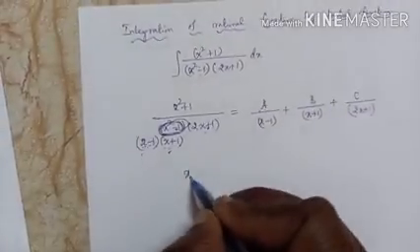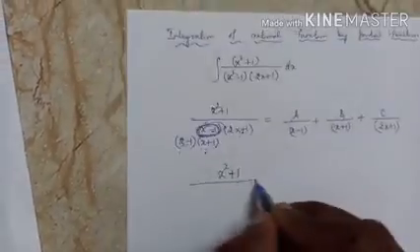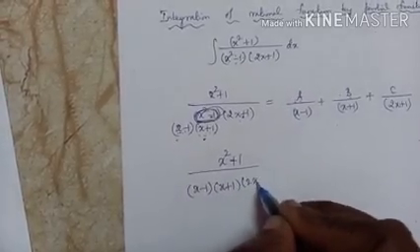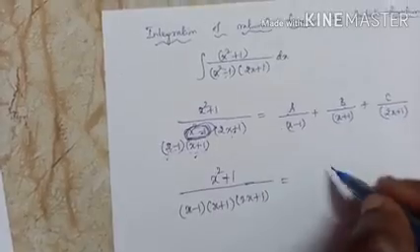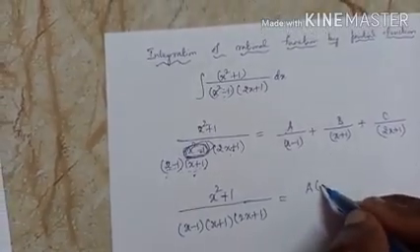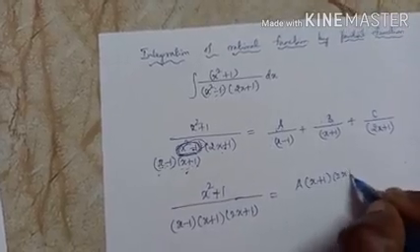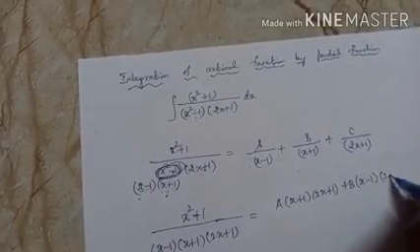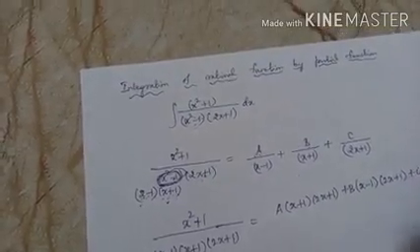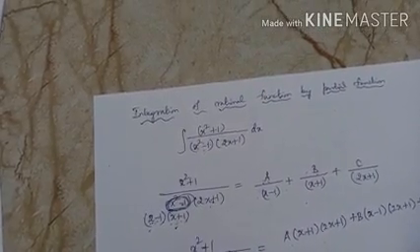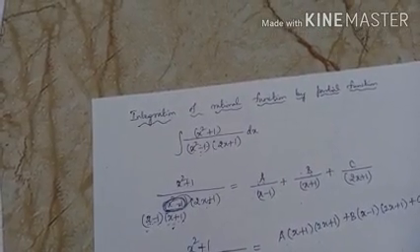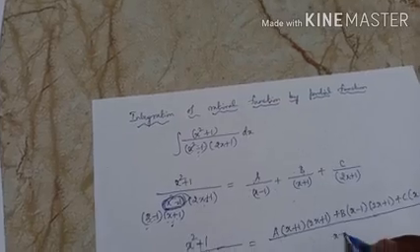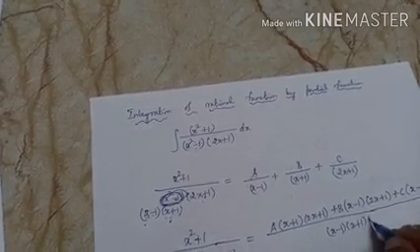Let us take LCM. x square plus 1 by x minus 1 into x plus 1 into 2x plus 1 equals a into x plus 1 into 2x plus 1, b into x minus 1 into 2x plus 1, c into x minus 1 into x plus 1, whole divided by x minus 1 into x plus 1 into 2x plus 1.